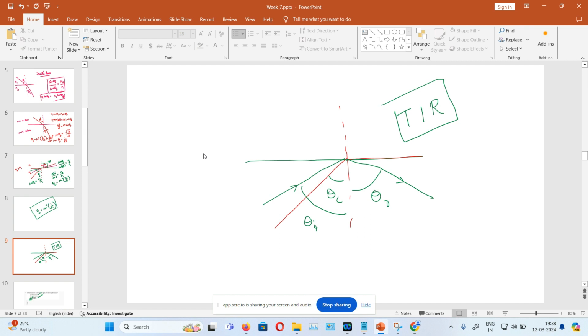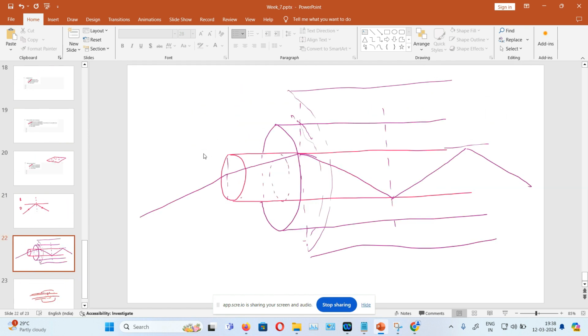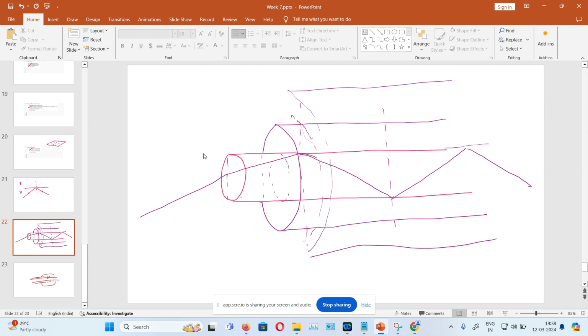Then we came to total internal reflection, and its application is the optical fiber, which can be used as a sensing agent as well as for transport. The whole optical fiber is used for communication, a big communication tool, and it can be used for biosensing also, with various other applications.